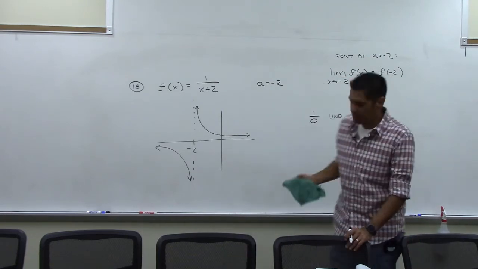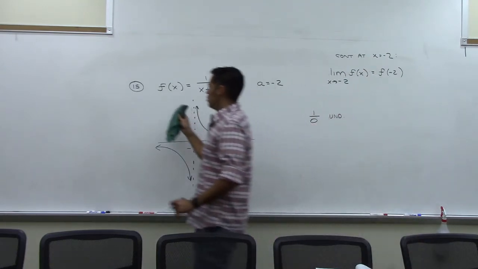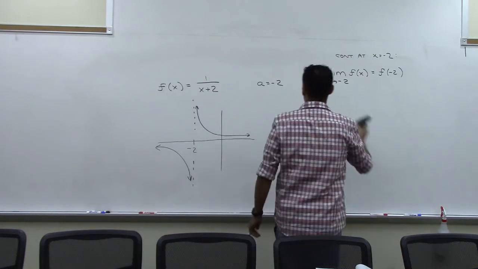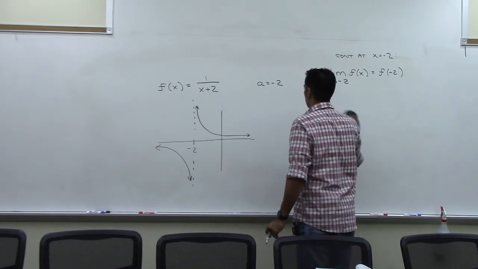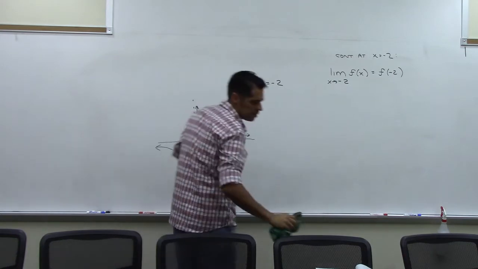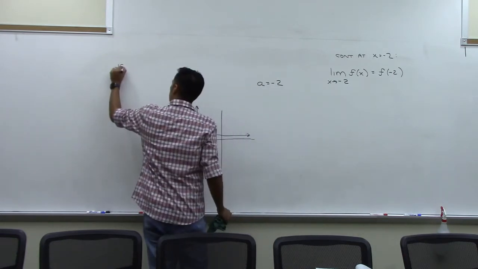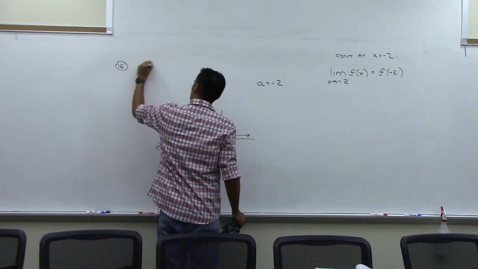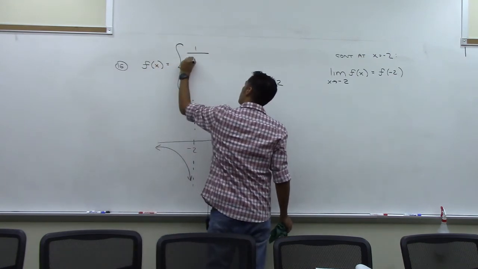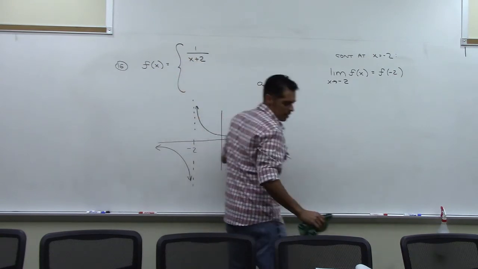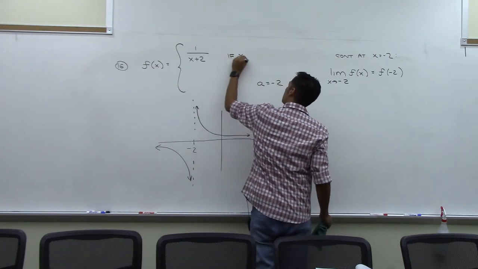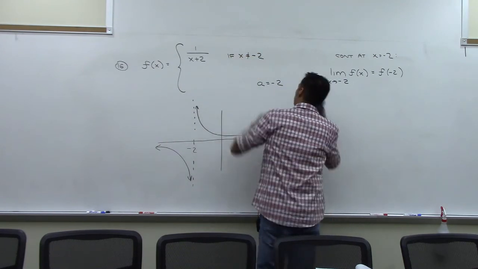Now, in number 16, what they do is they try and remedy the problem here a little bit. So let me put here what they do. They define a function. This is number 16. They define a function, and they define it piecewise. So they say, all right, let it be 1 over x plus 2 as long as x is not -2.